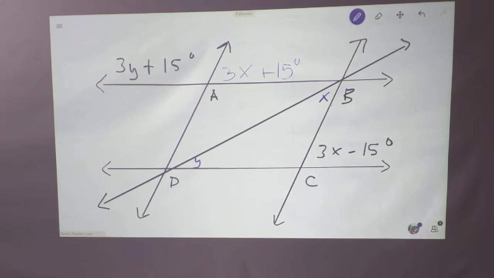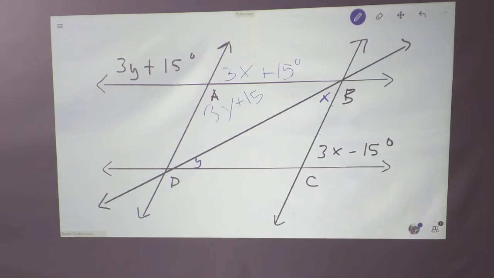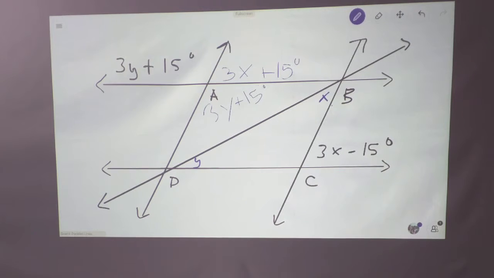And using vertical angles, you can write 3y plus 15 degrees here. And this was actually a minus 15, so I'll just do that. And here, this would also be a 3x minus 15 degrees.